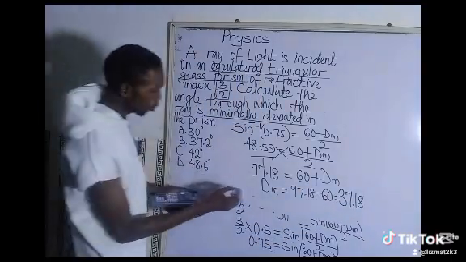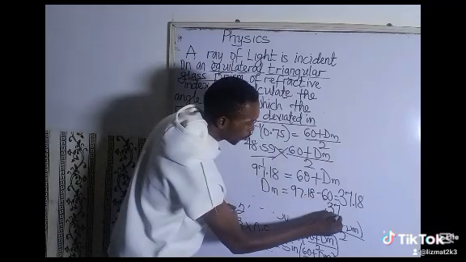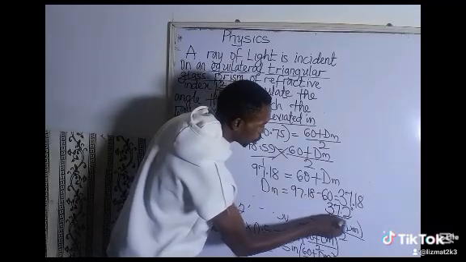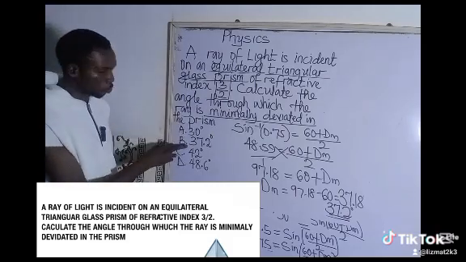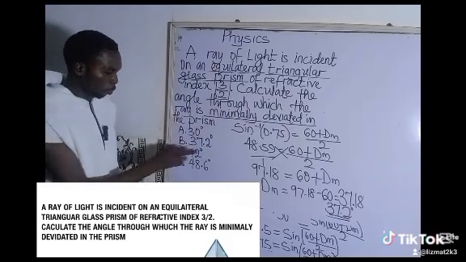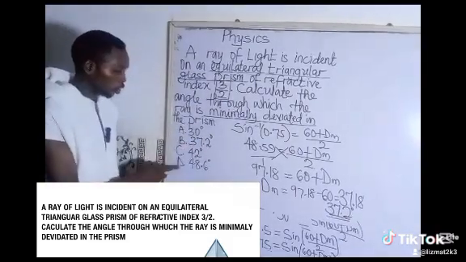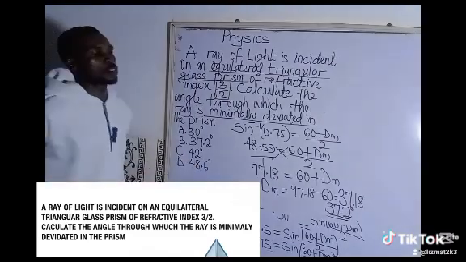So by approximation, we have 37.2 degrees. So we will check the options. Option A 30, option B 37.2, option C 42, option D 48.6 degrees.